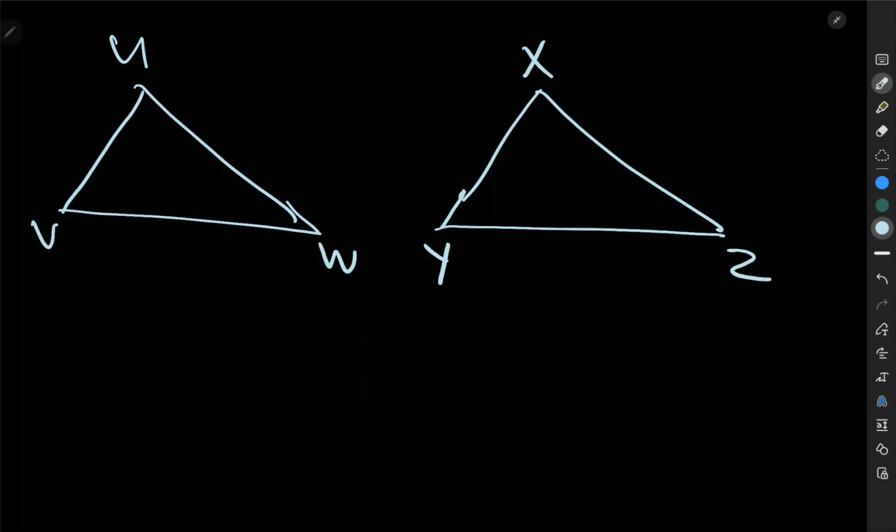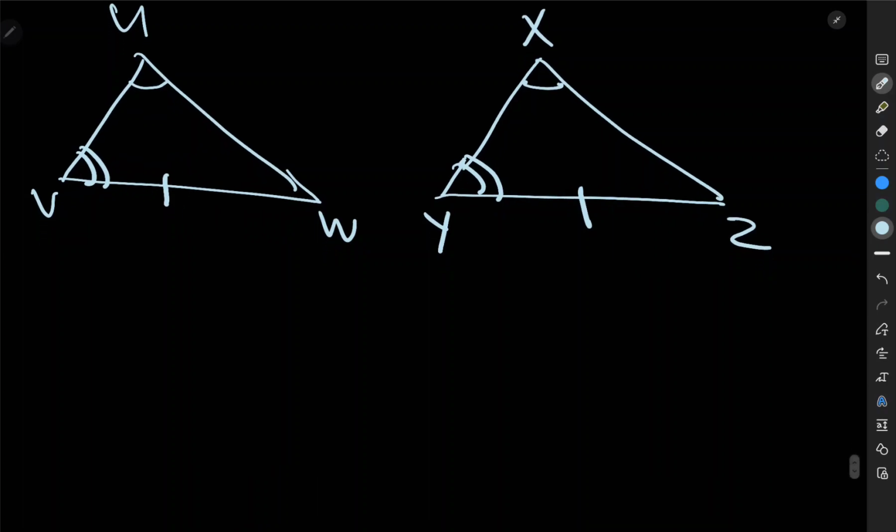Let's say we are given that angle U is equal to angle X, and angle V is equal to angle Y, and the last thing they give us is that YZ is equal to VW. So in this case we have 2 angles that are equal, and we have a side.